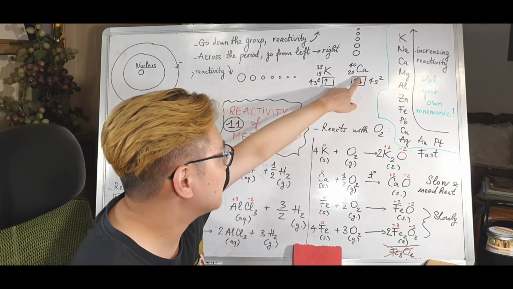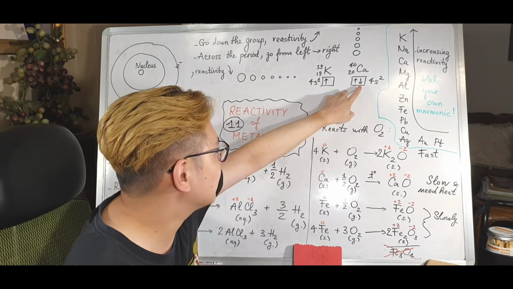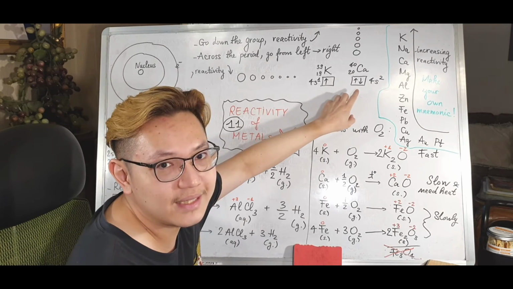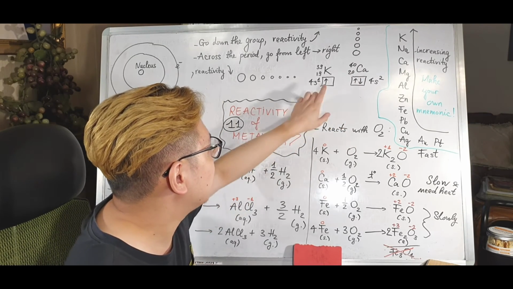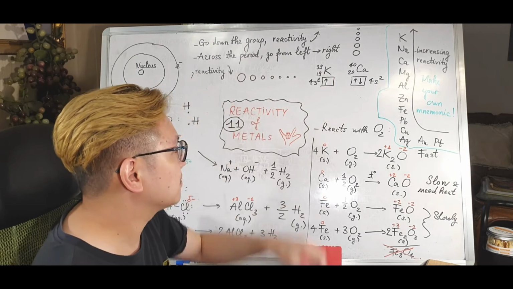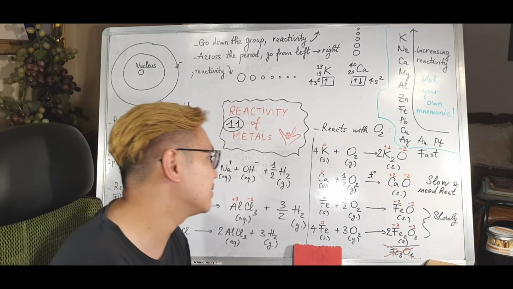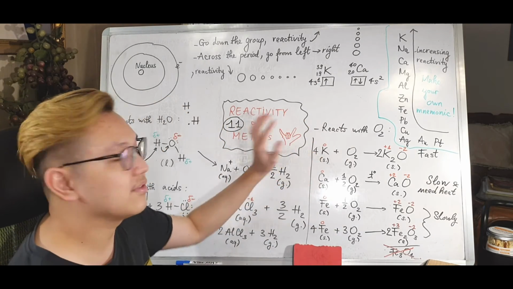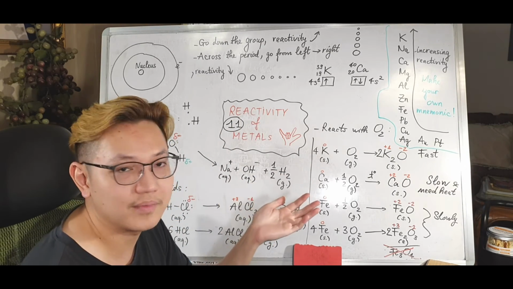In group 2, these last electrons are hard to get out because they are guarded by the shielding effect of these electrons. Compared to the case of potassium, it's lonely, it's easy to get out, to go back to the noble gas configuration. So group 1, very fast reaction. Group 2, slowly, and sometimes it needs help from heat.